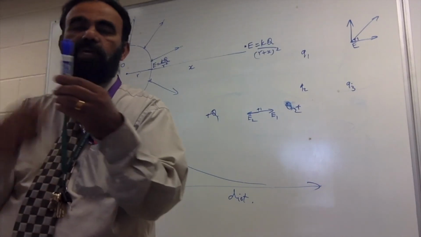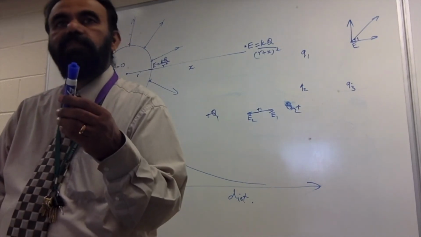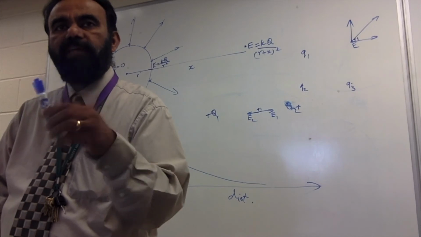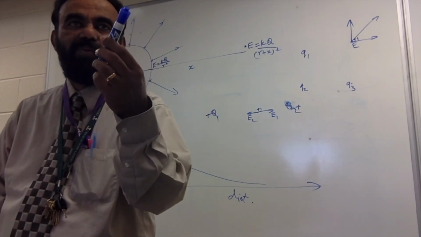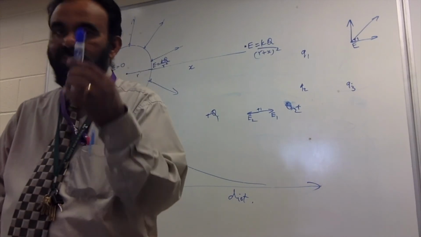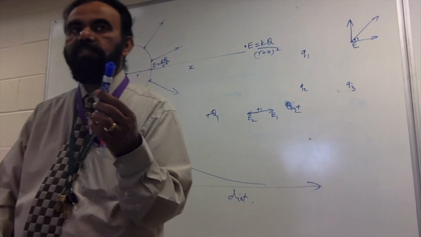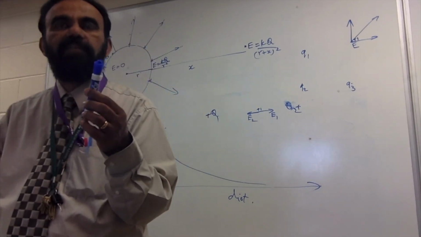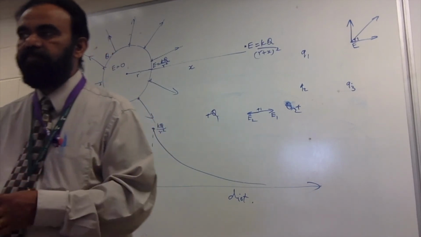If I say this one now has a positive 10 nanocoulombs, how many electrons were added or removed from it? Is it added or removed? This is a positive 10 nanocoulombs. Removed. How many electrons? So what do you do? Take the 10 nanocoulombs and divide by one electron's charge, 1.6 times 10 to the minus 19. And you'll get the number of electrons that were transferred. Okay? Keep that in mind.